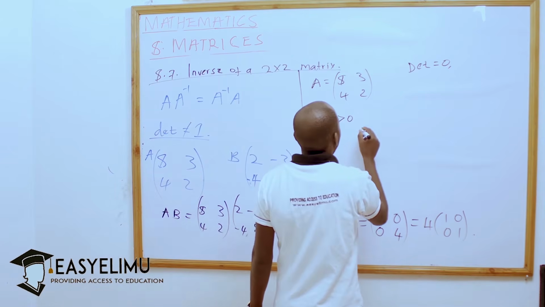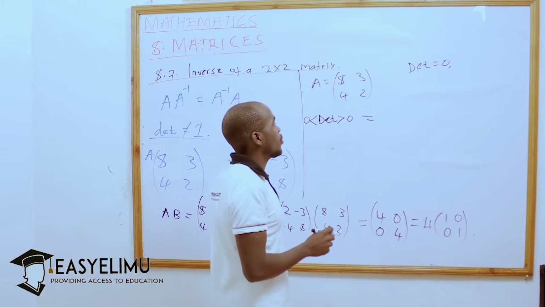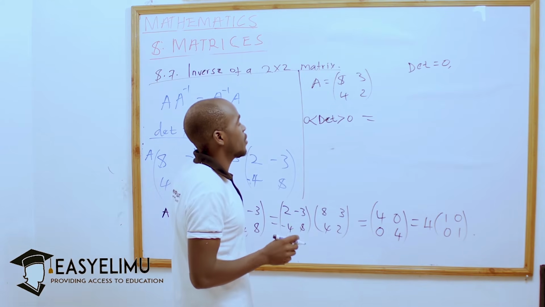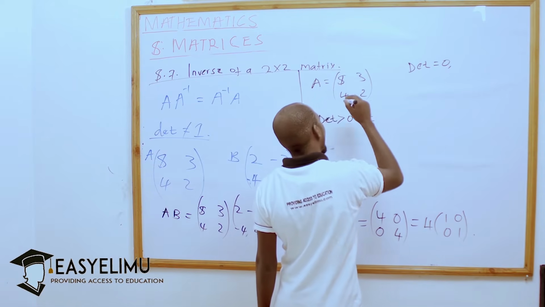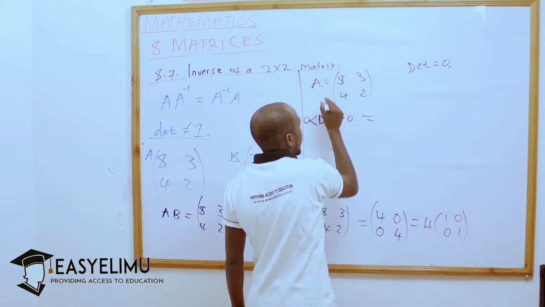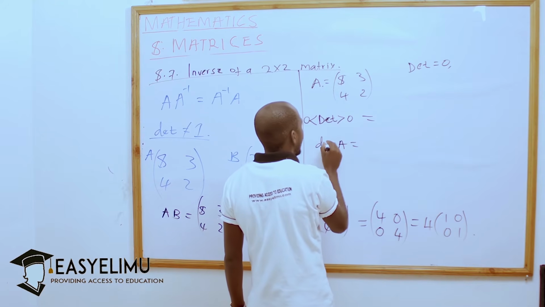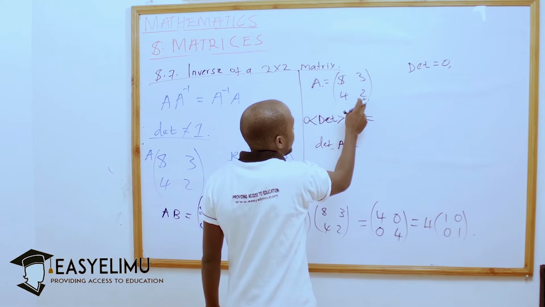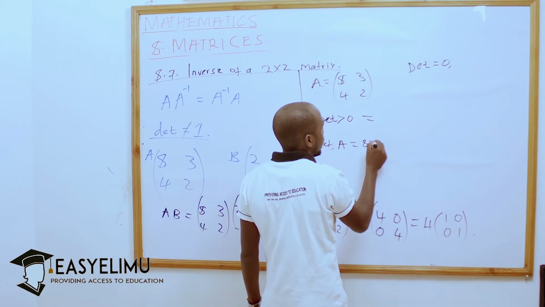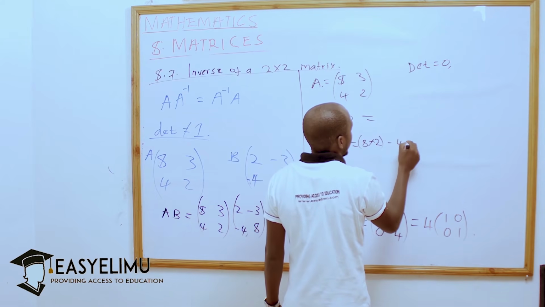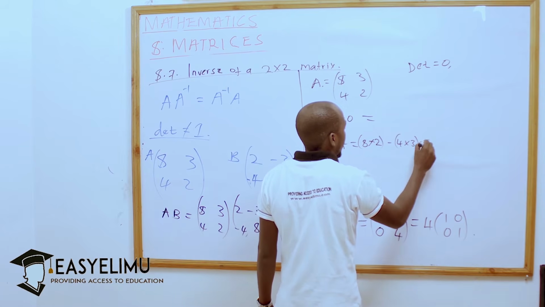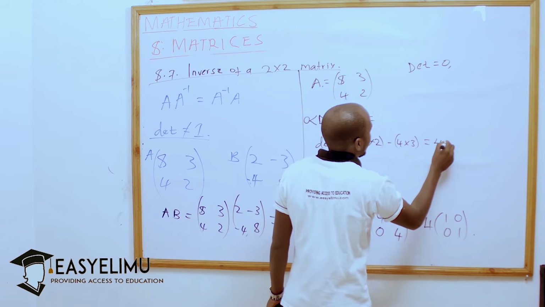So if you find that your determinant is not equal to 0, then to find the inverse, you find the determinant of that matrix. For the case of A, the determinant is equal to 8 by 2, the leading diagonal. Then I subtract the other diagonal, and this is going to give me 4.